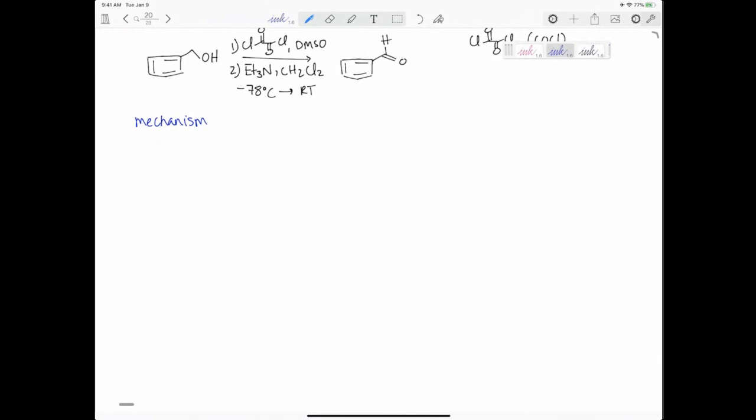Okay. But you need to know what DMSO looks like, right? Dimethyl sulfoxide is this right here. It can undergo resonance to form this here.